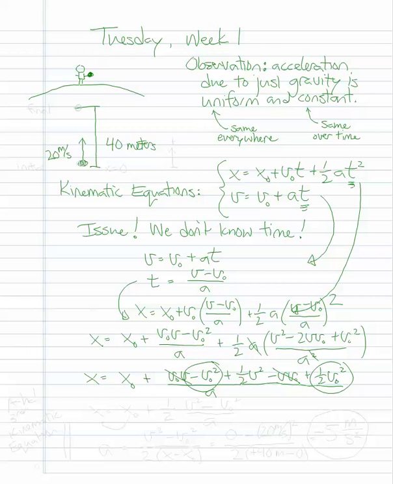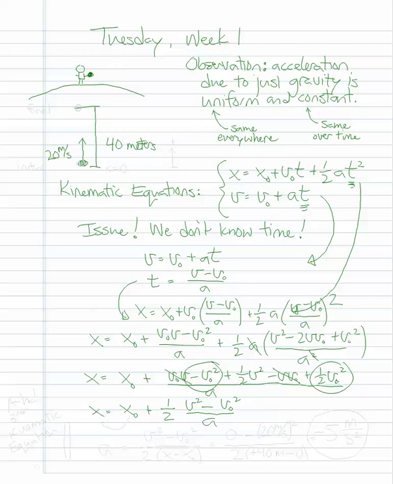And so I get that, so this is x naught. And when I combine those two terms, I'm going to get a positive 1/2. And so, wow, everything's going to have a 1/2. So I'm going to have 1/2 v squared minus v naught squared all over a.